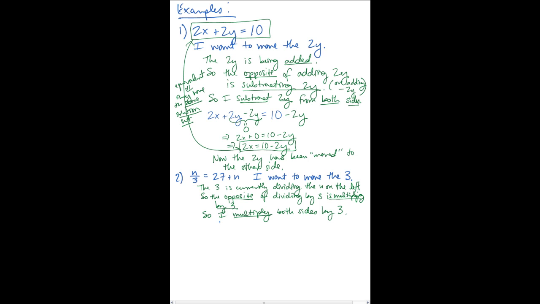So if I started out with n over 3 equals 27 plus n, I have to be very careful to multiply the whole thing by 3. The whole thing by 3. And I can write 3 as 3 over 1. That's the same thing as 3. And so, of course, if I do that, I get 3n over 3 equals, here I need to distribute this, so 3 times 27 plus 3n.